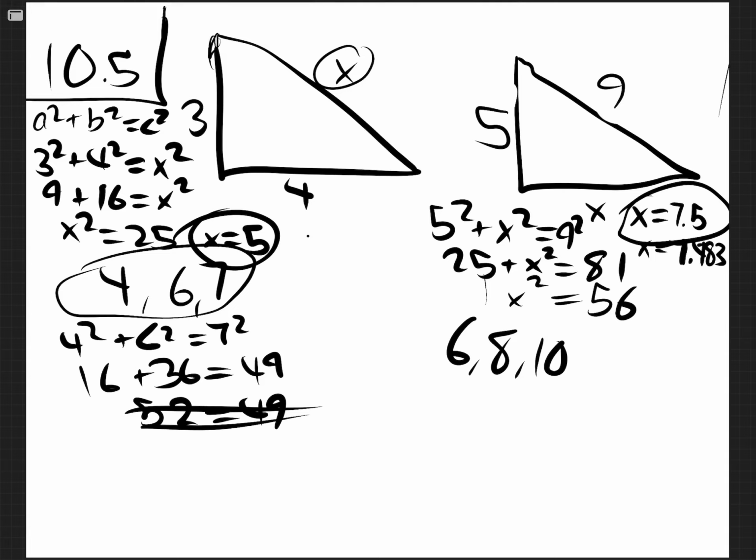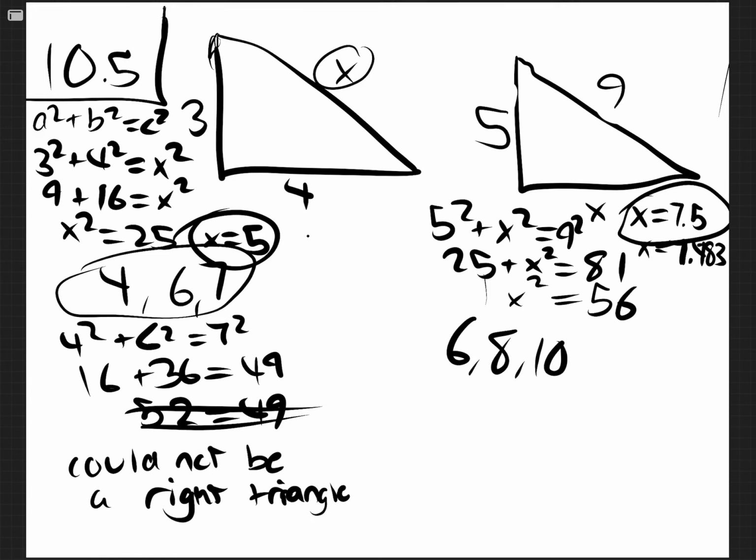So these could not be a right triangle. And now let's do the last example. So 6, 8, 10. We have 6 squared plus 8 squared equals 10 squared.